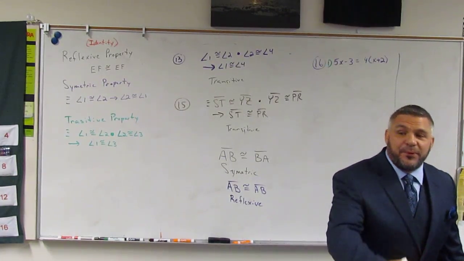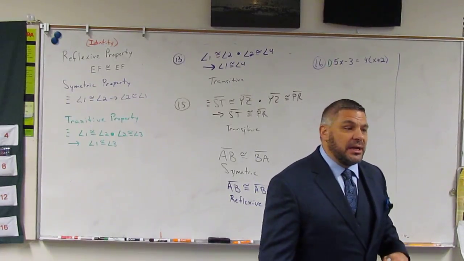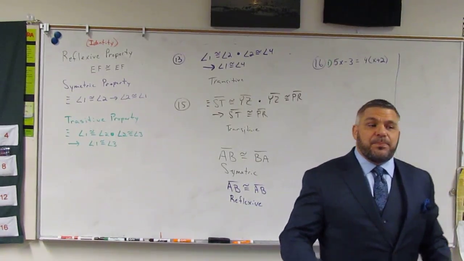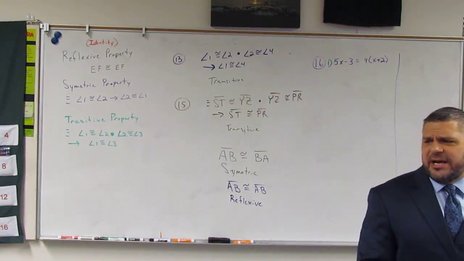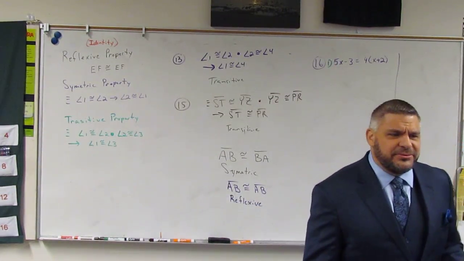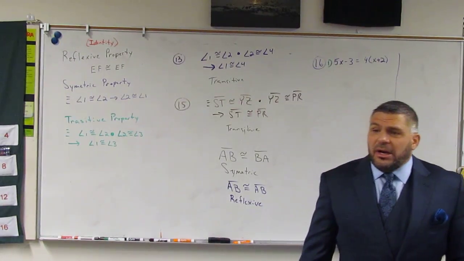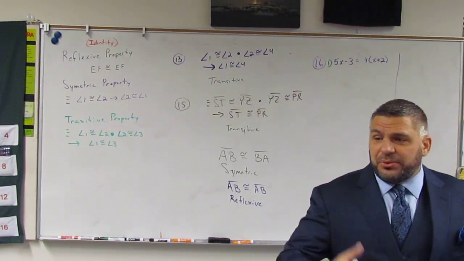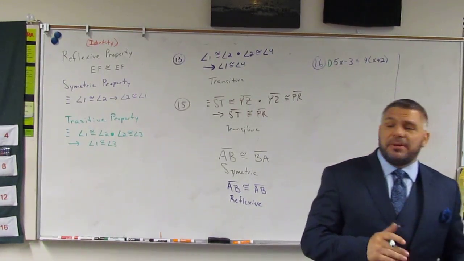They're going to say prove x equals something, whatever x equals. Or they're going to give you a couple of angles: angle 1 is equal to angle 3, and then prove angle 1 is equal to angle 4. So then you've got to go through your proof. That's what this next chapter is going to be about.